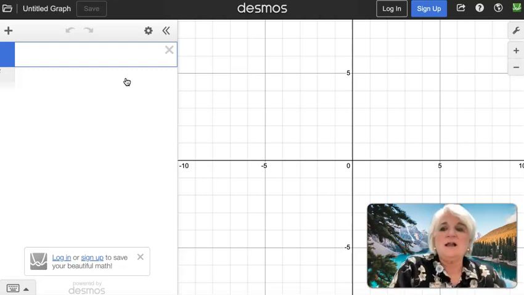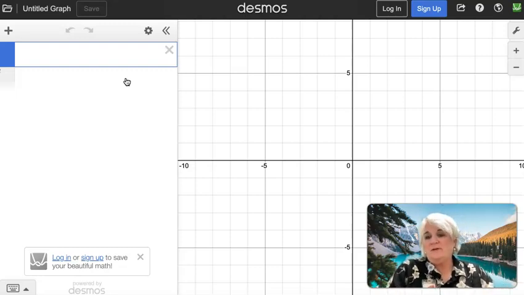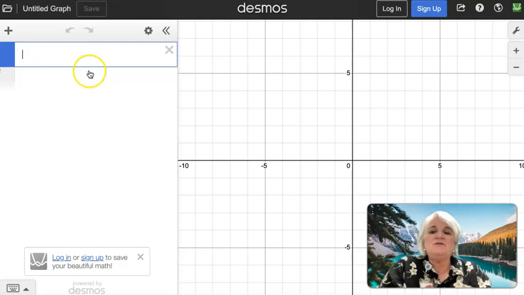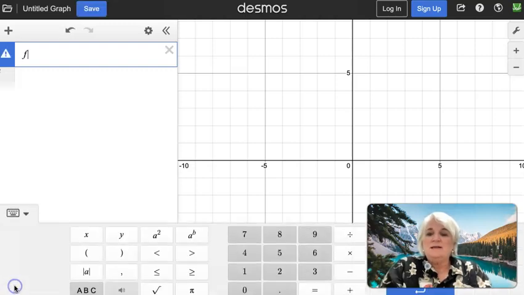Now, first of all, I need to actually graph it before I make the table. So I'm going to put in the function, and it must be in function notation. So f of x. I'm going to press F on my keyboard, and then I'm going to call up the universal keyboard.